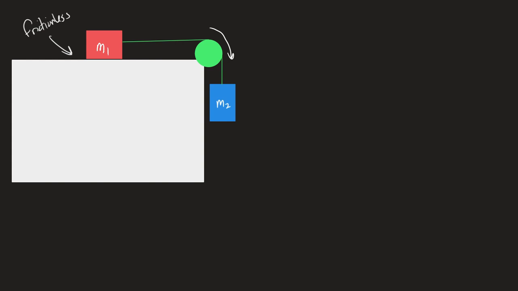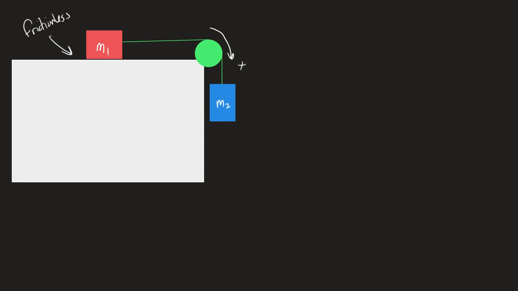For right now, though, this situation's pretty easy. Unless the string stretches, if this one moves a meter, this one's going to move a meter. Agreed? Okay, so ask that question. Is there a relationship between the motion of the two objects? Check for one. If so, great. Label a common direction positive.